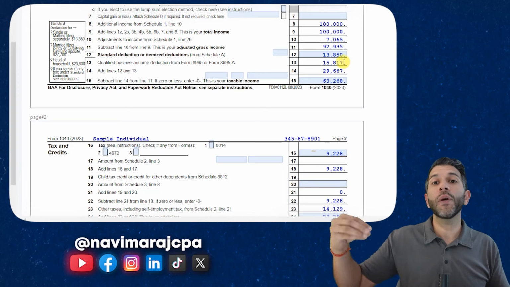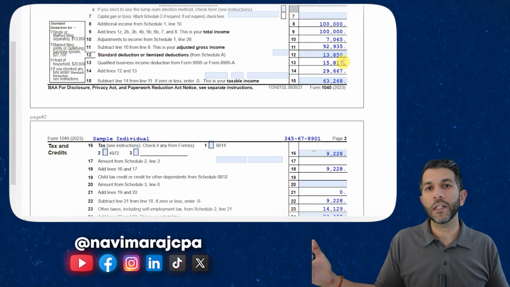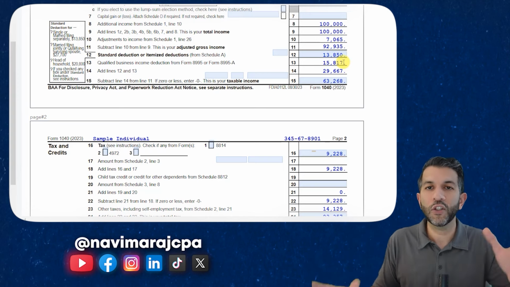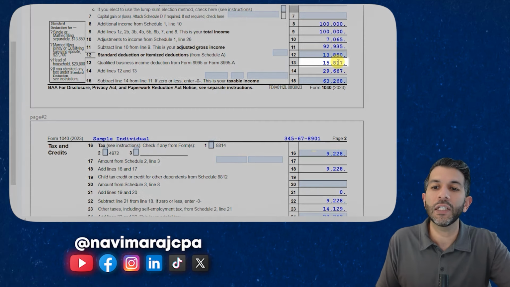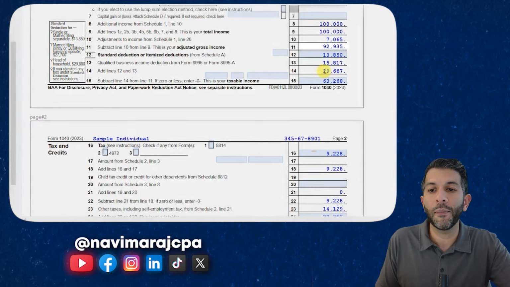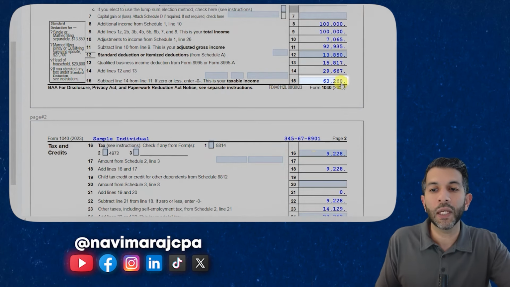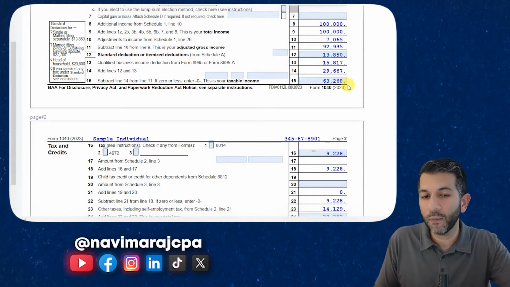If you make too much income, then your qualified business income deduction gets reduced as well. So it has to be sort of in the middle to get the full deduction. That's an oversimplified way of explaining it, but that's how I'm going to explain it. So qualified business income deduction is $15,817. You add those two together, that's $29,667. So $92,935 minus $29,667 is $63,268. So what tax do you have to pay on that?